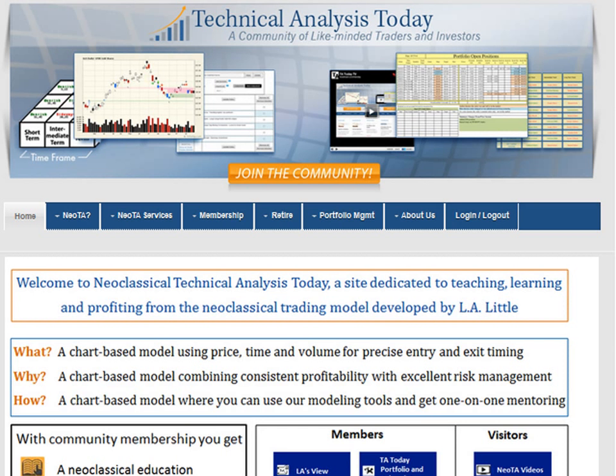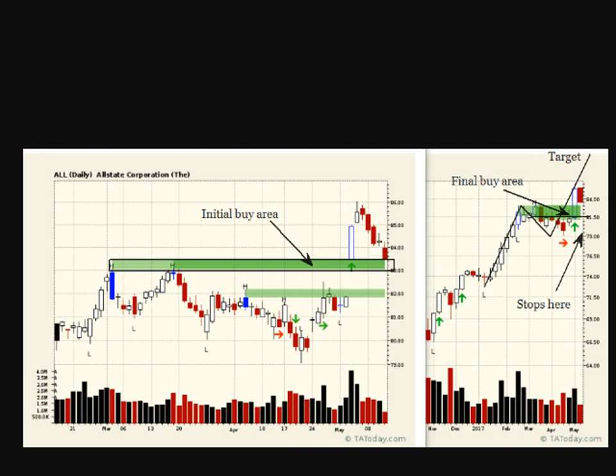But before we go to that, I want to bring your attention to a trade that I pointed out today to members on Twitter. I have a private Twitter feed, and on that feed I give members ideas, and this was the one today with Allstate.